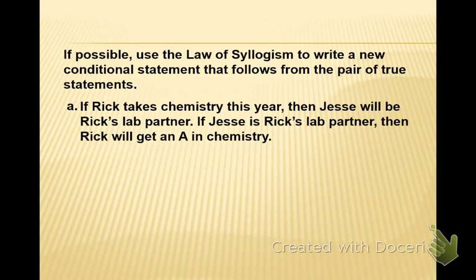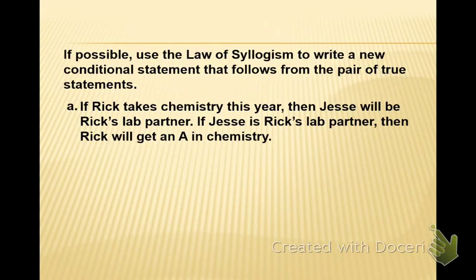Is it possible to use law of syllogism to write a new conditional statement that follows from the pair of true statements? So you're writing a new conditional with law of syllogism. If Ricky takes chemistry this year, then Jesse will be Ricky's lab partner. If Jesse is Ricky's lab partner, then Ricky will get an A in chemistry.